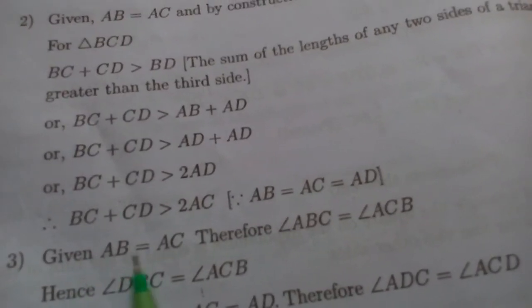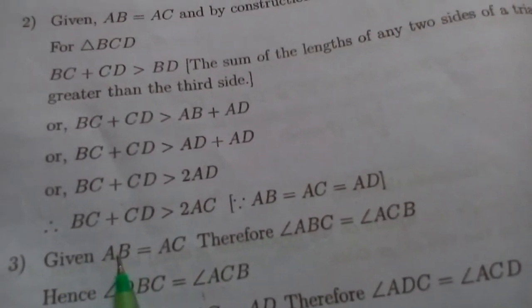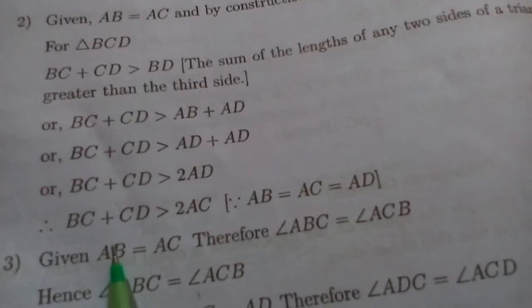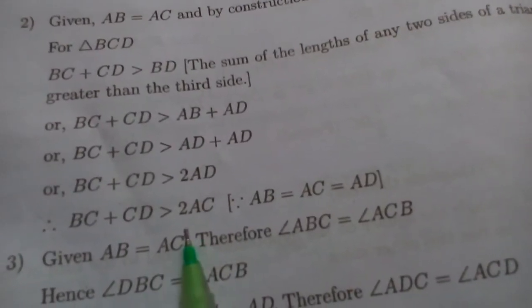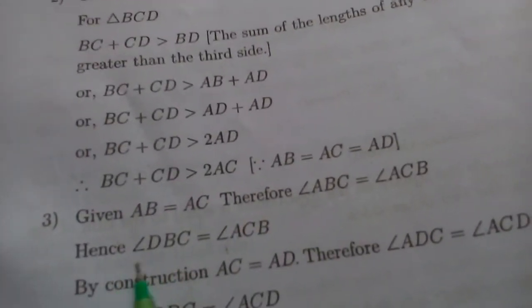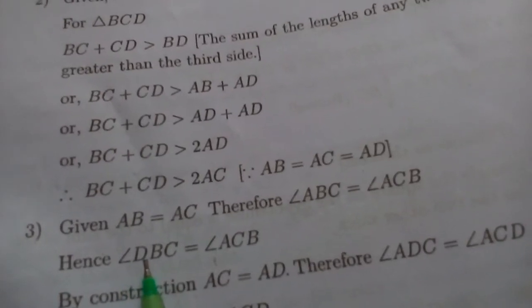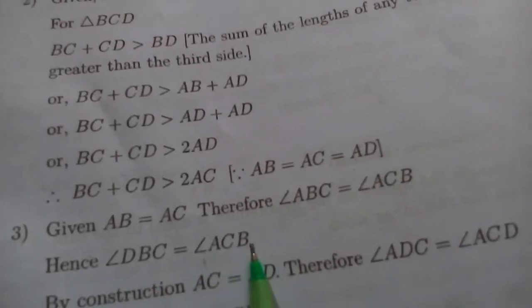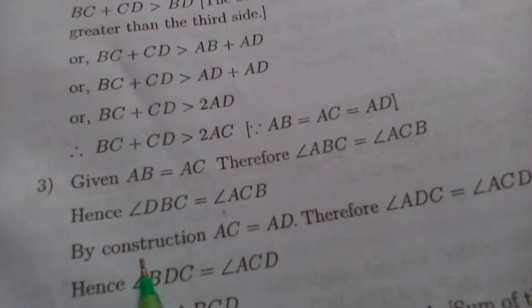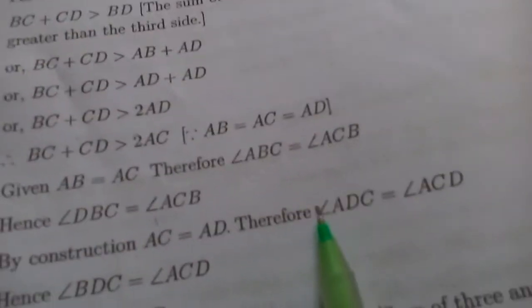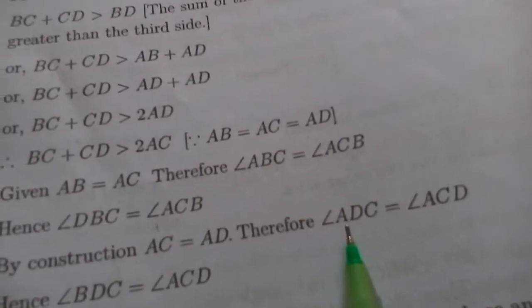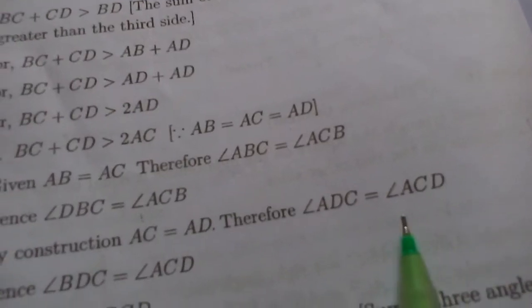So if AB equal to AC, the opposite angle of AB and the opposite angle of AC will be equal. Hence angle ABC equal to angle ACB. By construction AC equal to AD, therefore angle ADC equal to angle ACD.